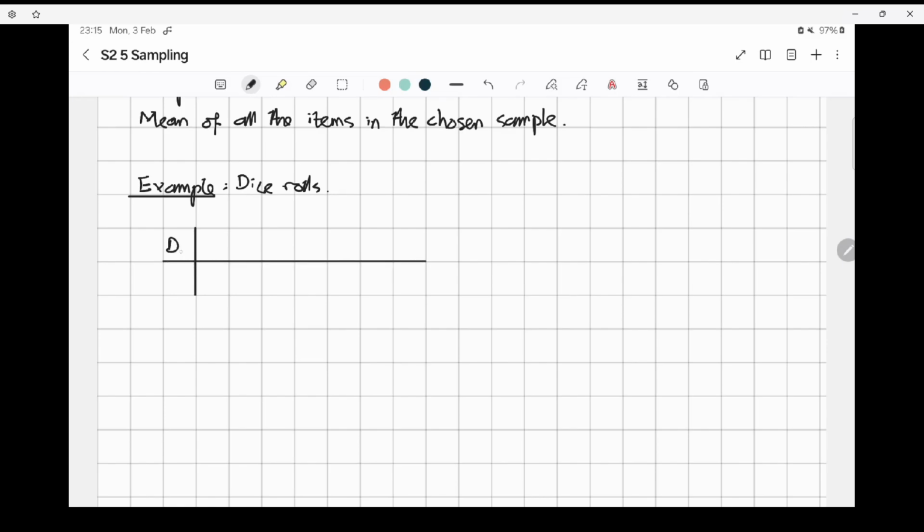This is the probability of getting 1, 2, 3, 4, 5, 6. Each of these probabilities will be 1/6 across all the boards.